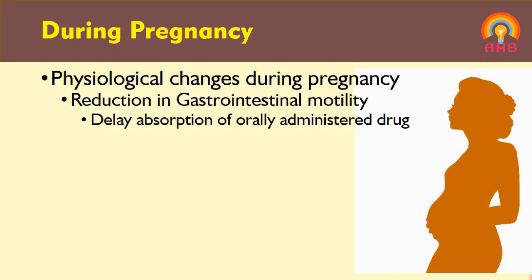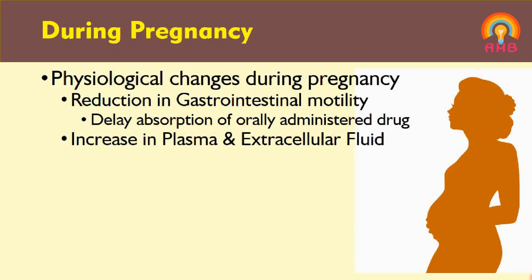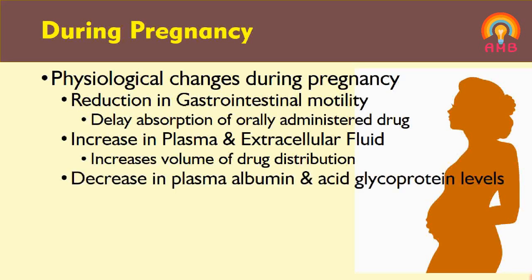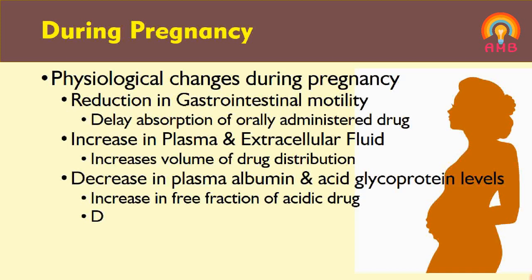The second difference is that plasma and extracellular fluid volume is increased, and because of that the volume of drug distribution also increases. So we have to increase the dose accordingly. Another difference is that plasma albumin and acid glycoprotein levels decrease, due to which the unbound fraction of acidic drugs increases while that of basic drugs decreases.